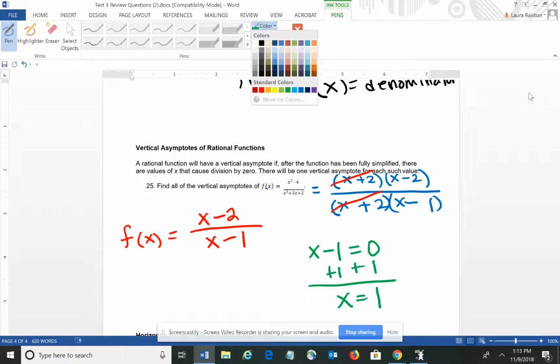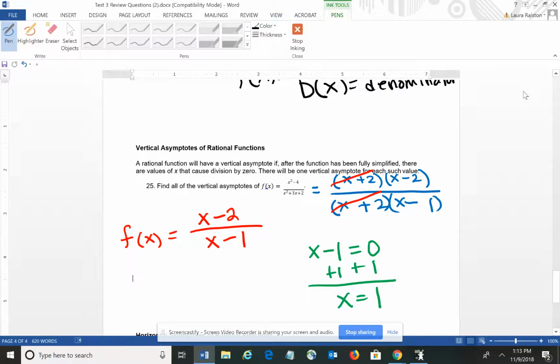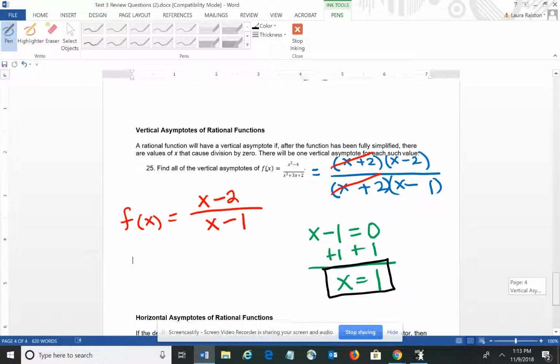And that value of positive 1 is our restriction, or the value we have to avoid. And so this is where our vertical asymptote would occur on our graph. We would have a vertical asymptote at the value that makes the denominator 0.